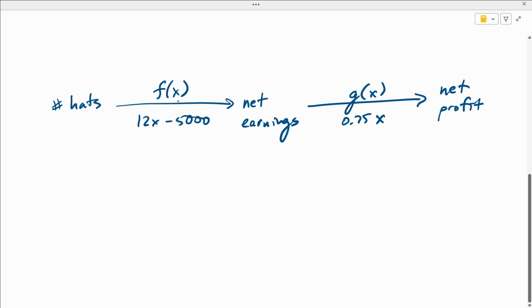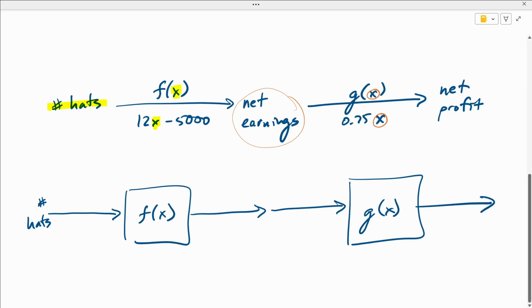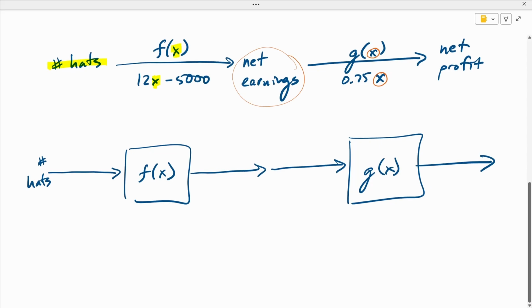In both cases, the x refers to the input of that function. So what we really have is an input, number of hats, into some function f. It gives an output, and then that output immediately goes into another function g, and it gives an output. Here in the middle, nothing happens. The net earnings is the output of one function, and then it's the input of the other.